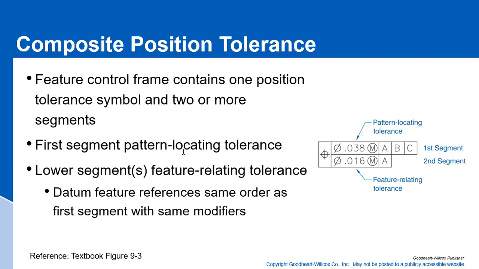The first segment is called the pattern locating tolerance, and the lower segment is referred to as the feature related tolerance. The datum feature references are typically in the same order as the first segment, with the same modifiers, and we're going to be talking about the datums over here on the second line in a bit.